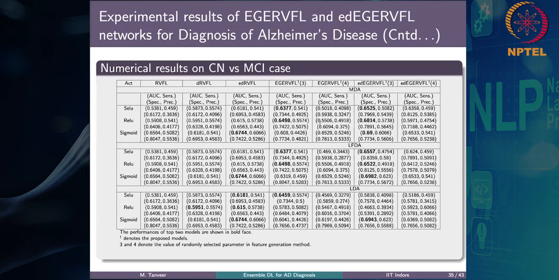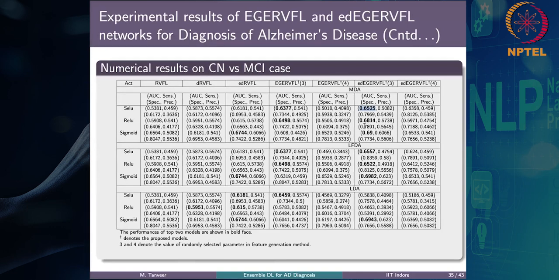We also see that, for example, for the cell activation functions, in the baseline we have up to a maximum of 61%. But if we look at our approach, it is going up to 65%. So it's a huge, significant difference.